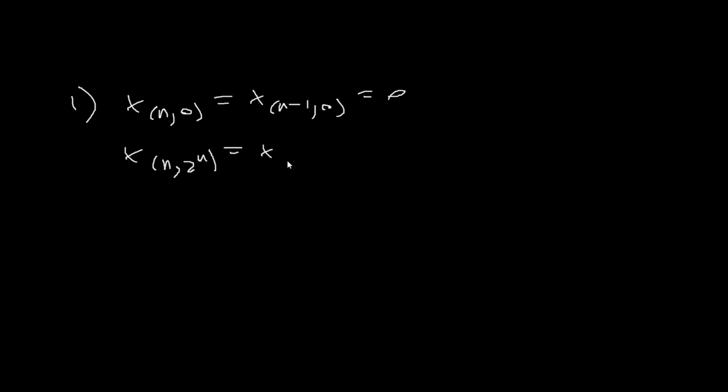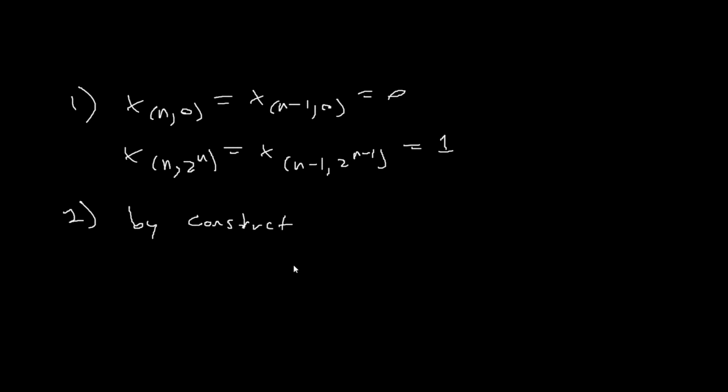Okay, now, given our set, property 1 is true, again, by definition, because we defined x_{n,0} to be x_{n-1,0}, which is 0. We defined x_{n,2^n} to be x_{n-1,2^{n-1}}. That's also 1. And thus, property 1 is satisfied. Property 2, this is by construction.